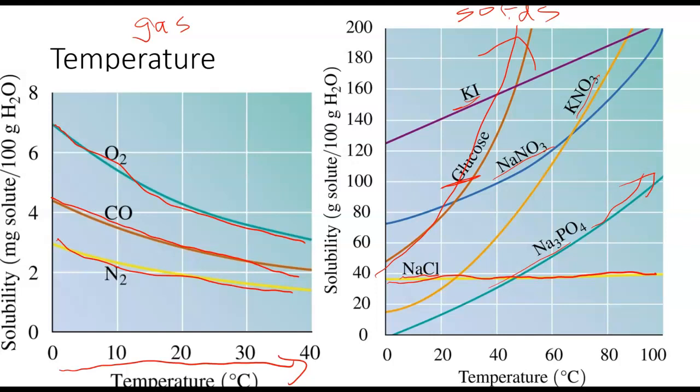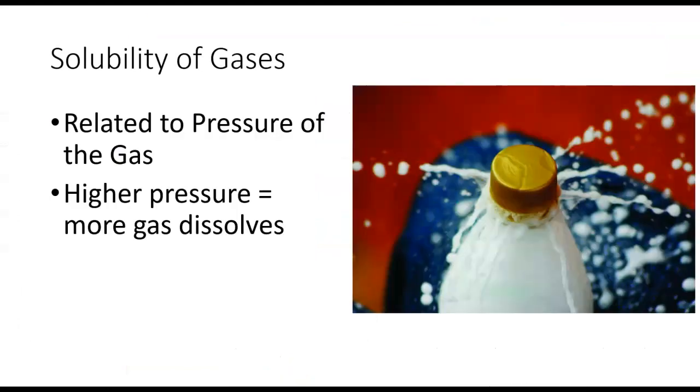When we're looking at solubility of solutes, we need to take another look at gases, and we want to look at pressure. This is related to the pressure of the gas. At a higher pressure, more gas dissolves. This helps us understand why sodas are in enclosed cans that are kept cold.